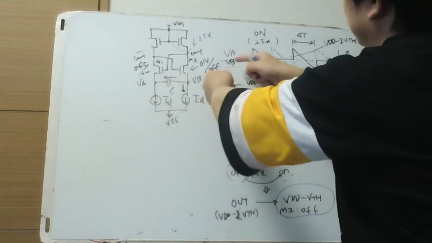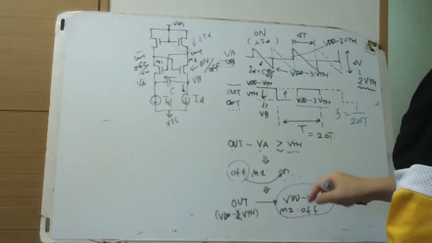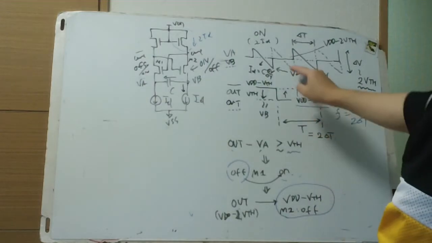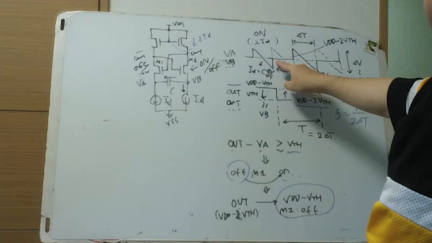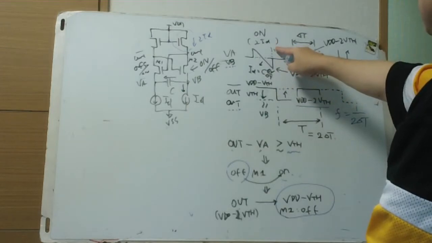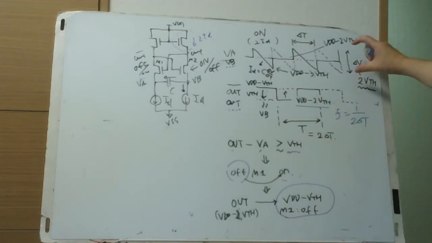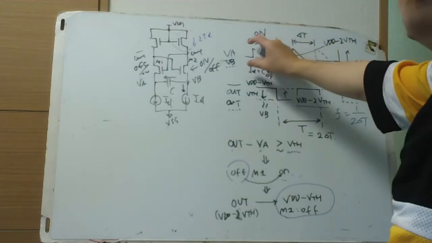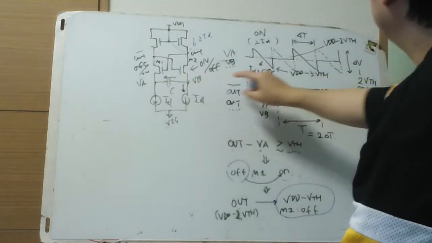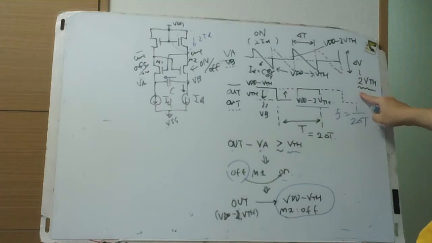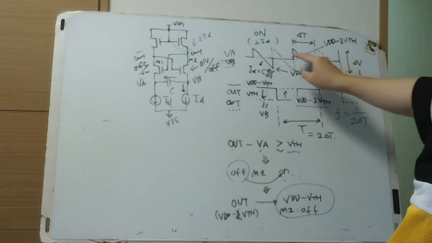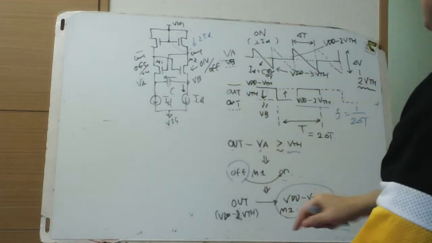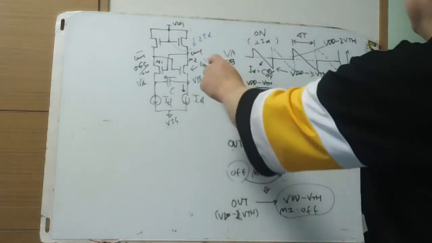Both are pushed up by VTH, going to VDD minus 2 VTH and VDD minus VTH respectively. So the delta V, the peak voltage of VA and VB, equals 2 VTH. VDD minus 2 VTH is a steady state point when the switch is on.